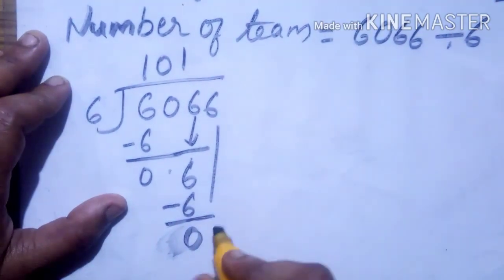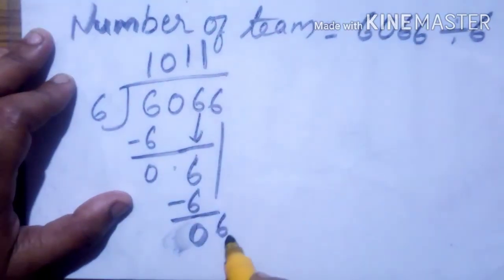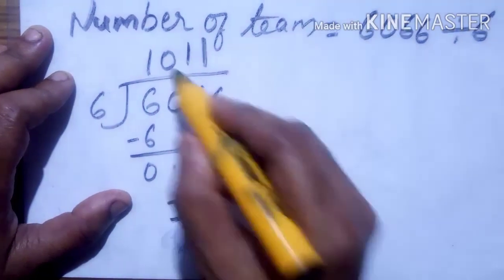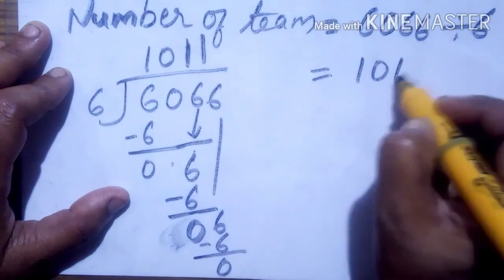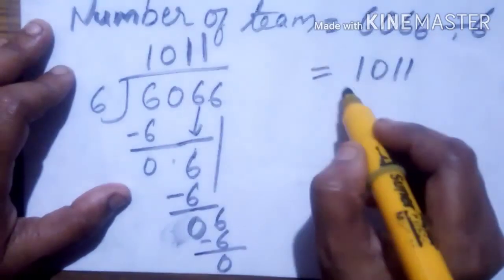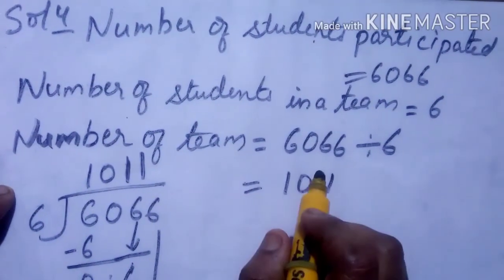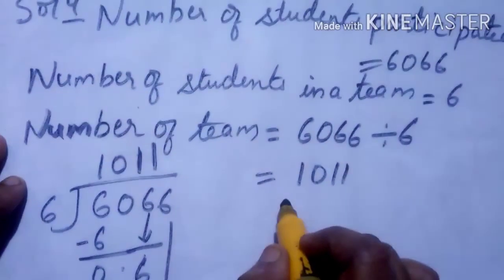Bring this 6 down. It is 6. Then 6 1 times 6, minus, you get 0. So here the quotient is 1011. So number of teams is 1011 and each team has 6 students.